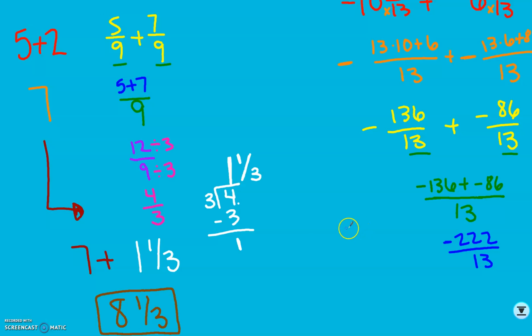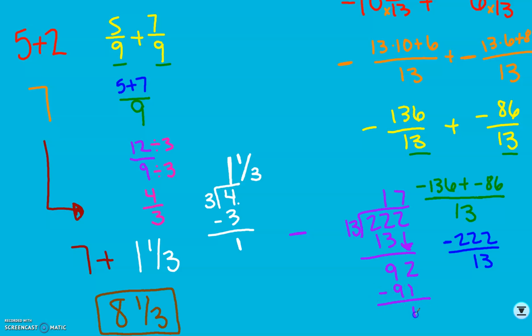In order to do that, we have to divide. We know it's going to be negative. So I take 222 divided by 13. 13 goes into 22 one time, which is 13. We subtract, bring down my 2, and here I get 9, so 92. 13 goes into 92 7 times. 7 times 13 is 91.